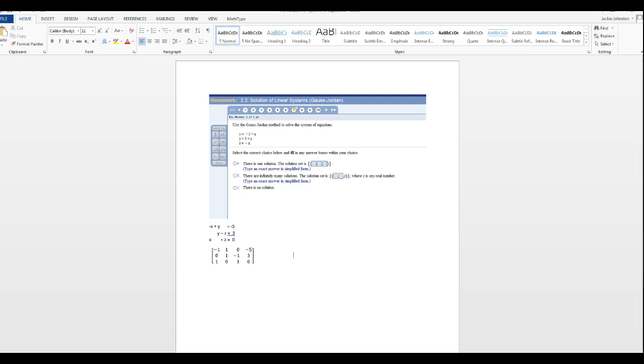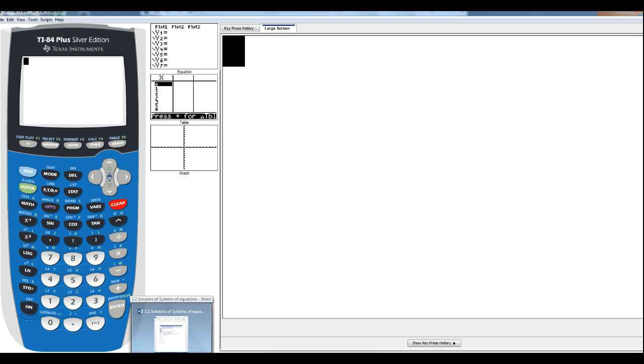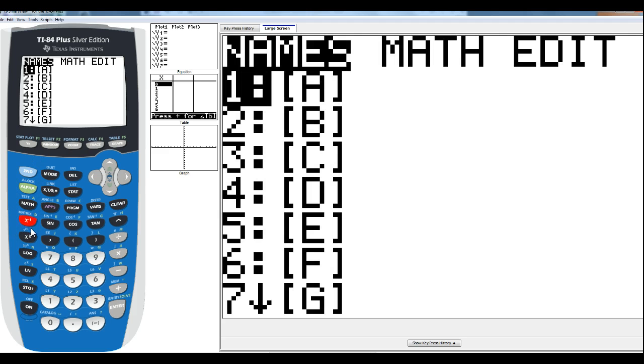And let me go ahead and bring this back up, and we need to remember what our matrix is at this time. So using your, this is a TI-84, but a TI-83 works very similar. The first thing we're going to do, we're going to go to where we have the matrix, so we're going to go second matrix, and that brings up our matrix information.